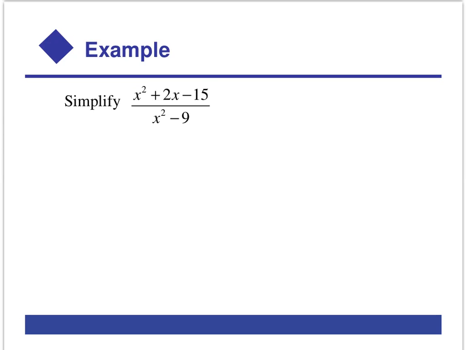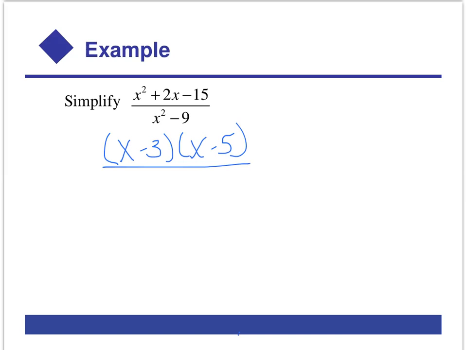Now, when you're dealing with polynomials, the first step would be to factor the numerator or simplify the numerator as best you can. So when we're looking at x squared plus 2x minus 15, we're going to factor it. And that becomes x minus 3 times x plus 5.